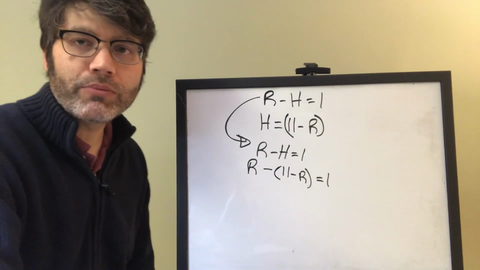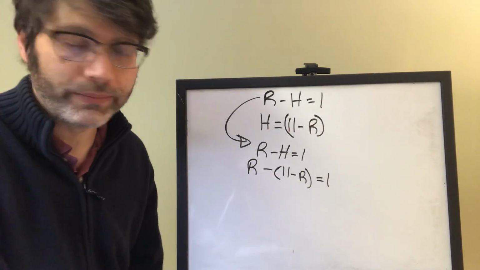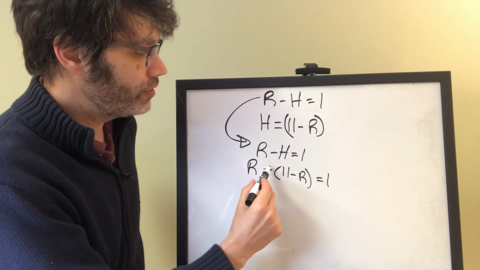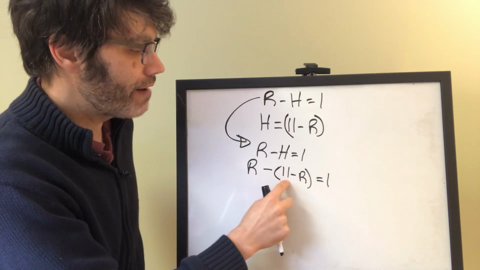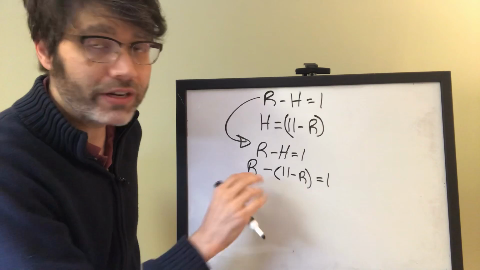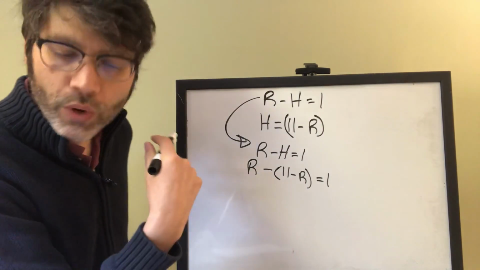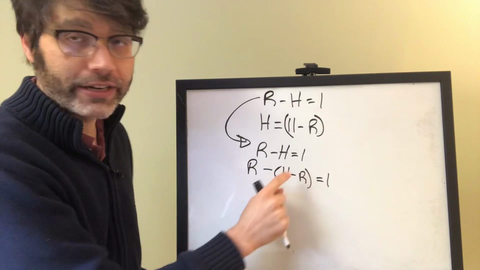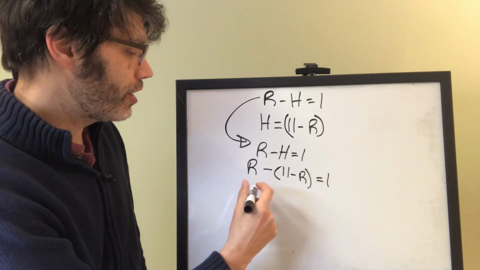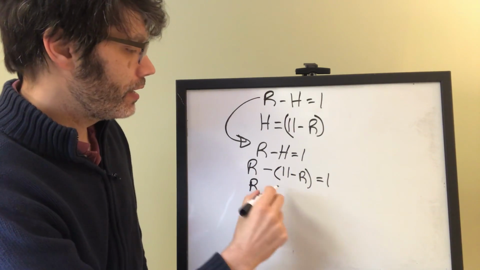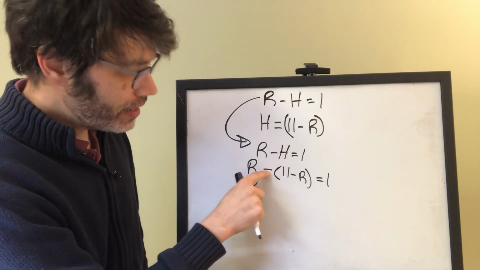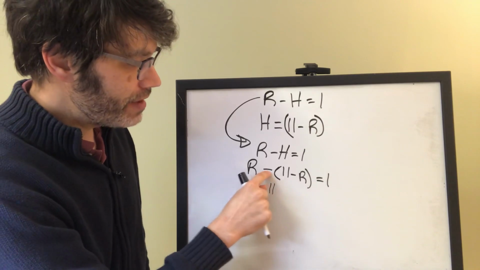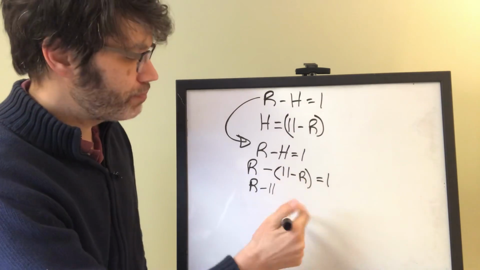The reason why the parentheses is so helpful is because now we understand that we are going to have to distribute this negative over every single thing within the parentheses. If we didn't have the parentheses there, we would have forgotten to distribute this negative over everything in here, which is crucial. So here we have r, negative times 11 is negative 11, and then negative times negative r is positive r.